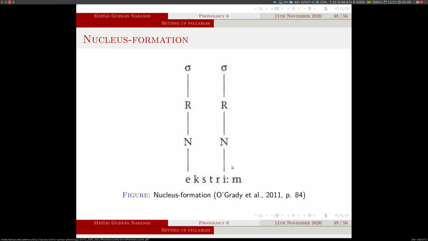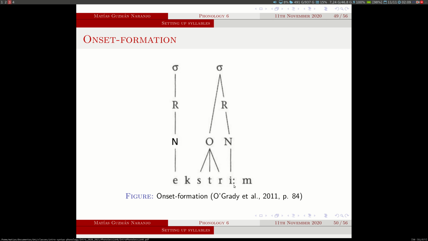So, for example, we can have a word like extreme. We start with the nucleus, and the nuclei are the two E's. So we associate those, and then we find the longest sequence of consonants which do not violate phonotactic constraints, in this case str.